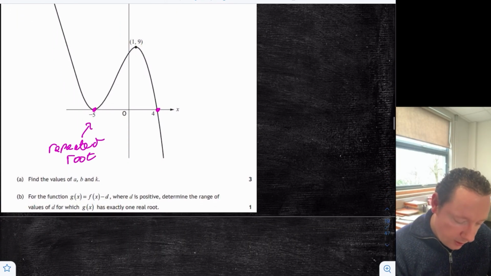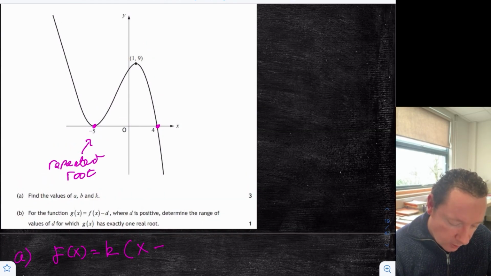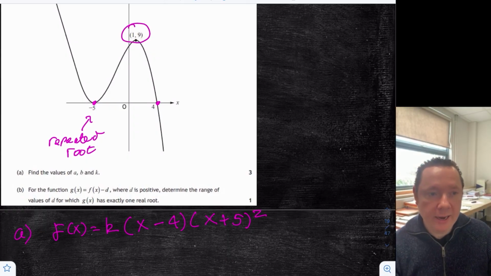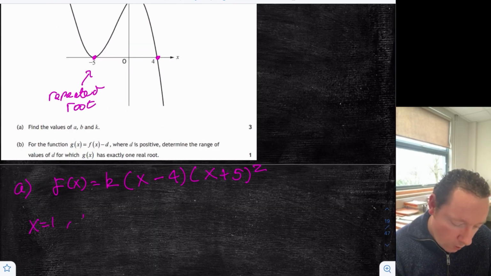So I can immediately say for part A, f of x equals k times x minus 4, x plus 5 squared. And then we can use the point to work out our k. x equals 1, y equals 9, so we get 9 equals k times 1 minus 4, 1 plus 5 all squared.